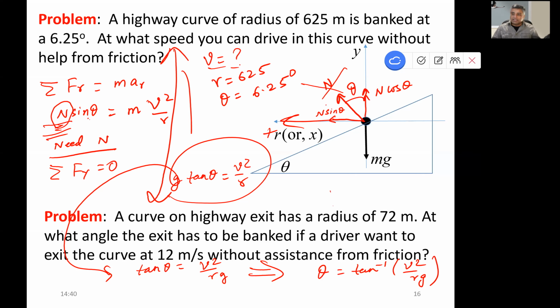Usually these angles are small angles. Make sure your calculator is in degree mode when you are solving like this.